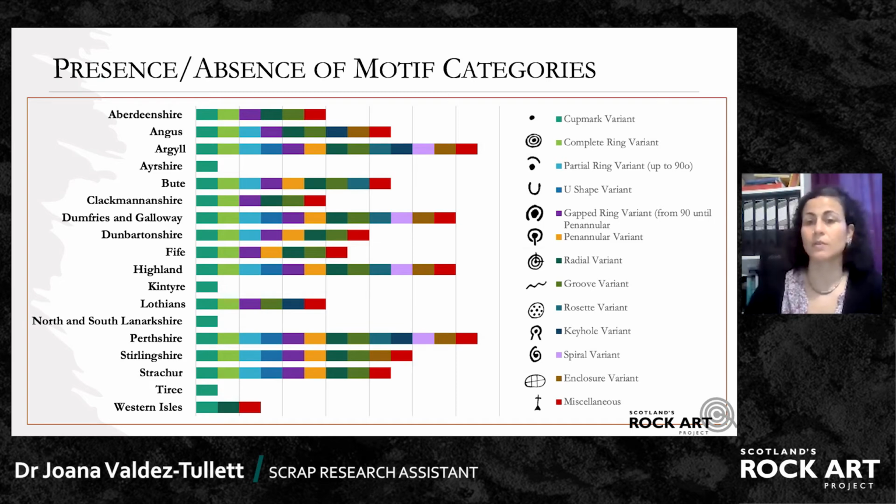And these are indeed the most iconic designs of Atlantic rock art, so it's not surprising to find them so widespread. This chart is also showing us that almost all the categories are represented in the different regions, which reveals a certain uniform character of the rock art. And we could start to think that this is effectively the same carving tradition, although there are some regional variations.